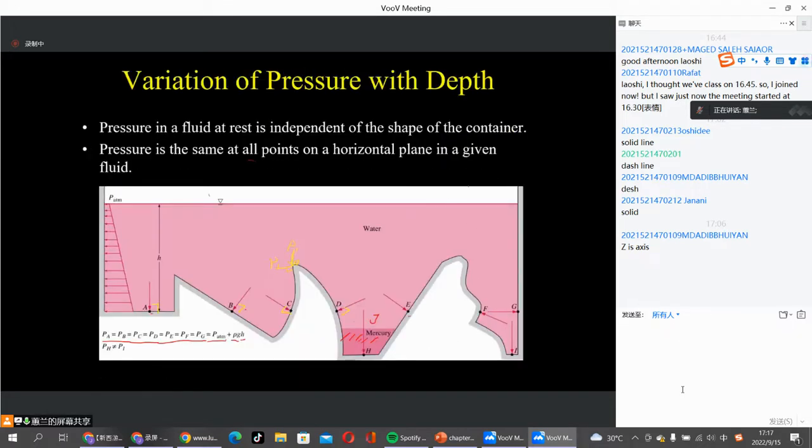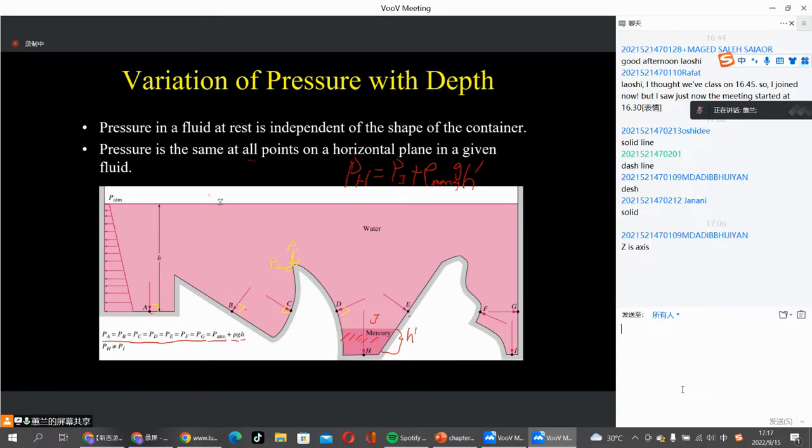If we know the pressure at point J, how do we find the pressure at H? According to what we have learned, the pressure at point H equals the pressure at J plus the density of mercury times g times h prime, the vertical depth to J, the equipressure surface.